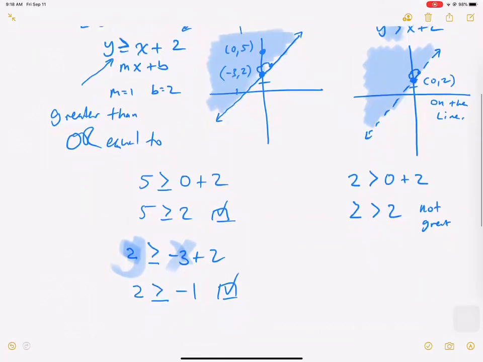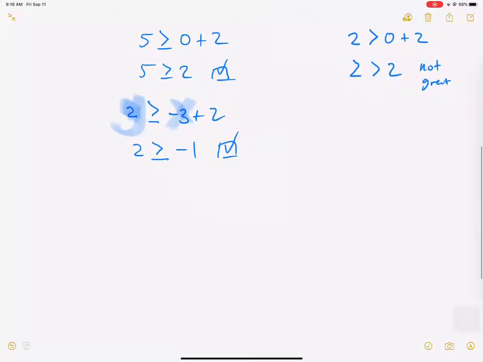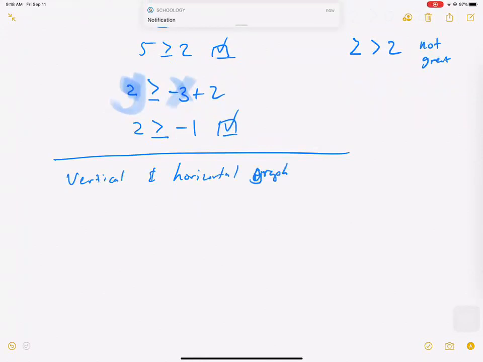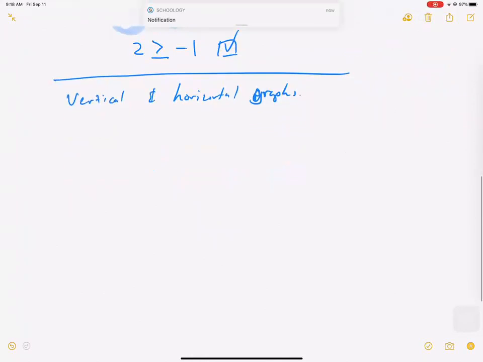Now, what if it's not that simple? Well, there are some graphs that we want to make sure we pay attention to. So here are vertical and horizontal graphs. As a review, let's graph some vertical and horizontal graphs. If I say x equals 3, we want to graph this on a 2D plane, x and y's.